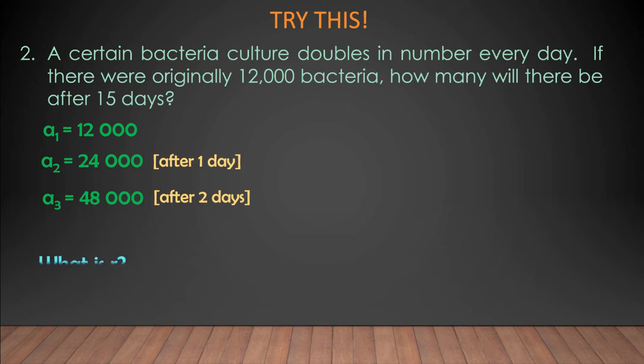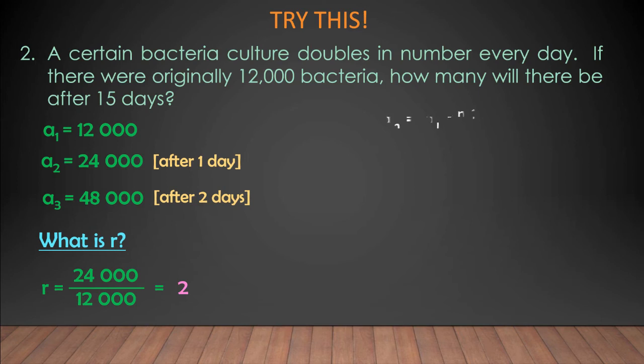So, what is r here? The common ratio here is 24,000 over 12,000. That is 2. Now, what is the general formula here? A sub n will be equal to 12,000, because A sub 1 is 12,000, times 2, since the common ratio is 2, raised to n minus 1.